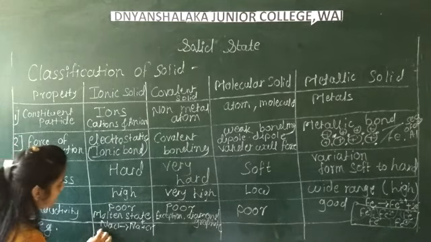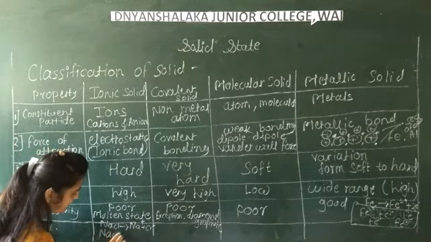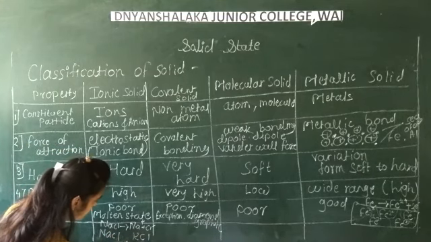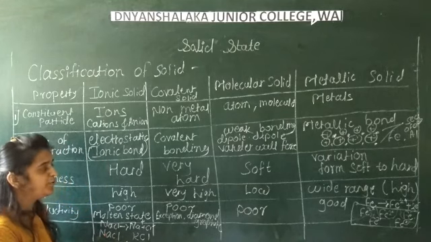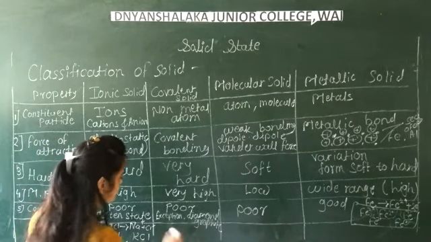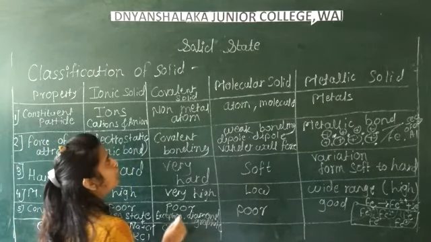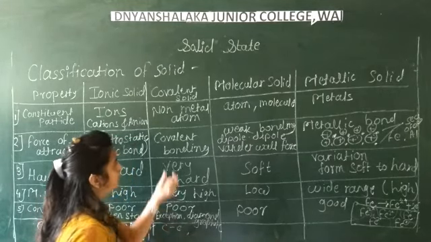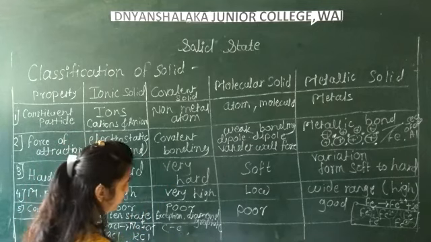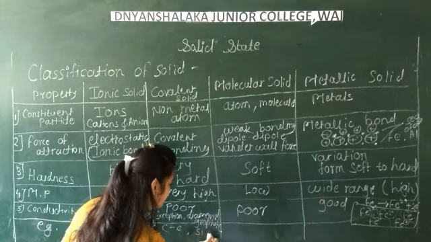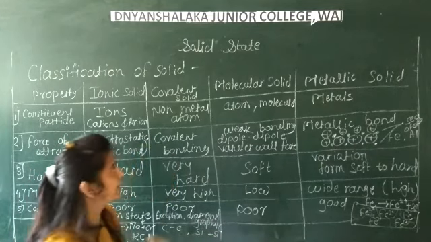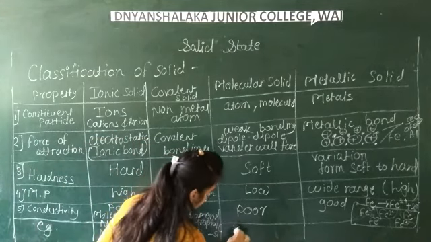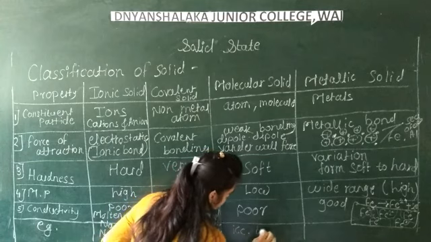So ionic examples are NaCl, KCl, ZnS, meaning between two oppositely charged ions. Covalent solid means the same atom or non-metals. For example, a carbon to carbon bond means covalent bonding, or silica. Silica means sand. Next, molecular solid, for example ice and benzoic acid.